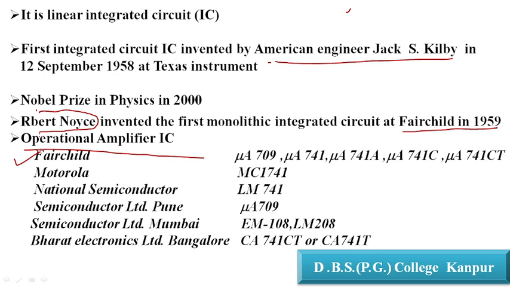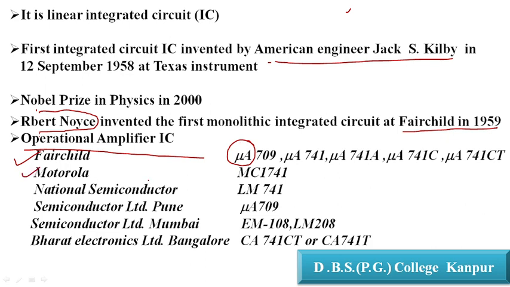Okay, Fairchild developed the first IC, that is the MUA709 and the MUA741, and different ICs, MUA741A, MUA741C, MUA741CT. MUA is the symbol of the Fairchild company; any IC written with MUA means Fairchild.